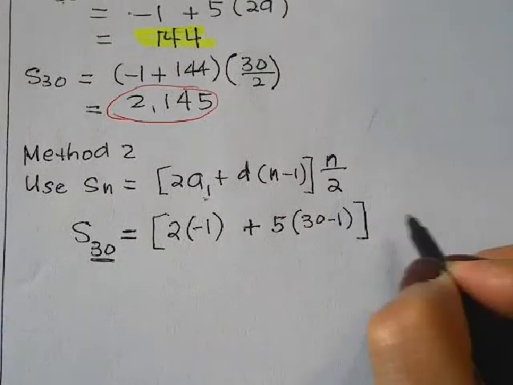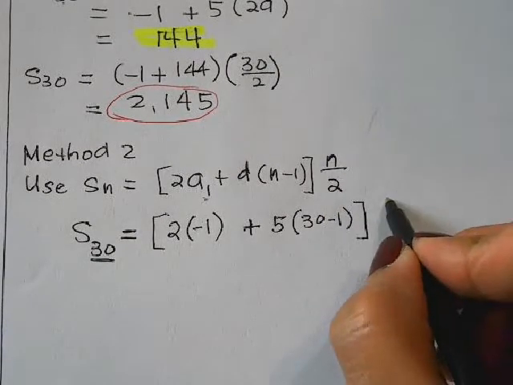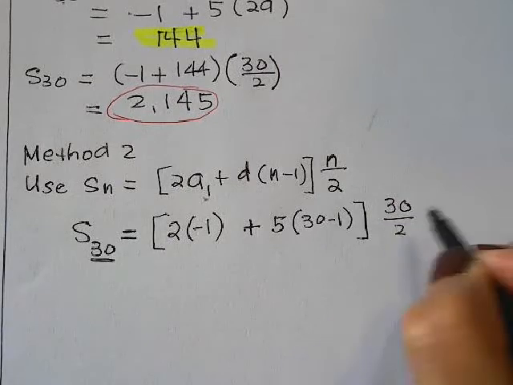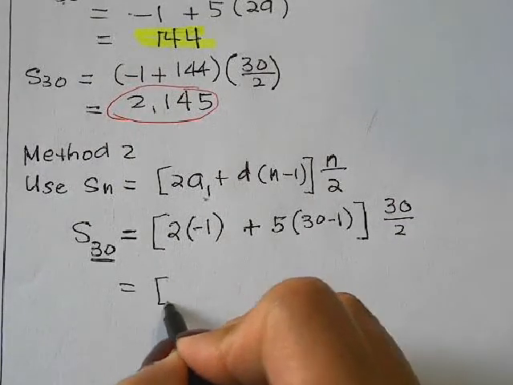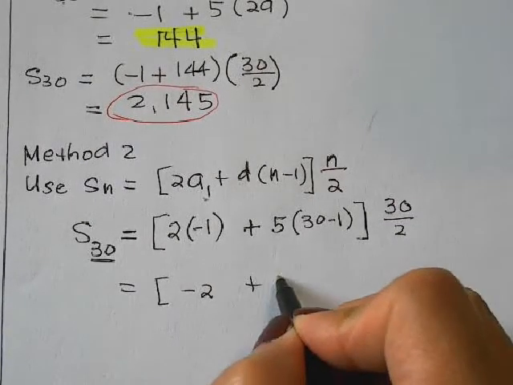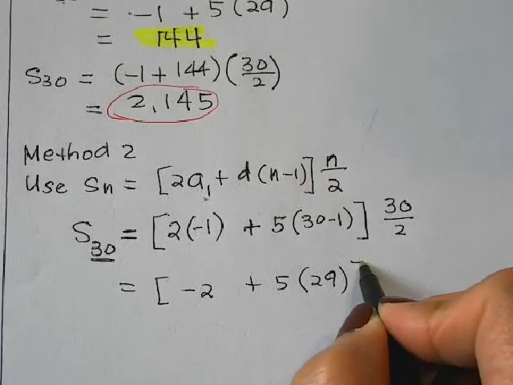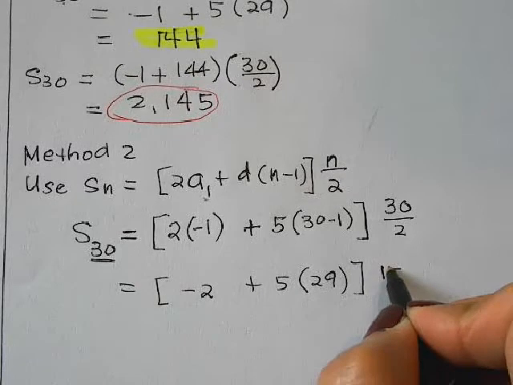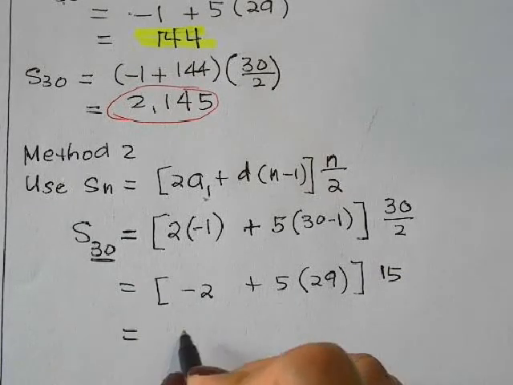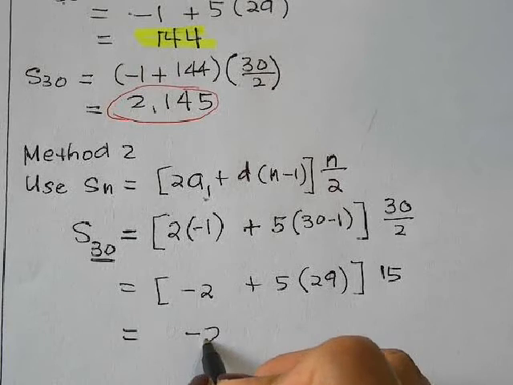Then after you get that, multiply it by n over 2, which is 30 over 2. So this will be negative 2 plus 5 times 29, multiplied by 15.